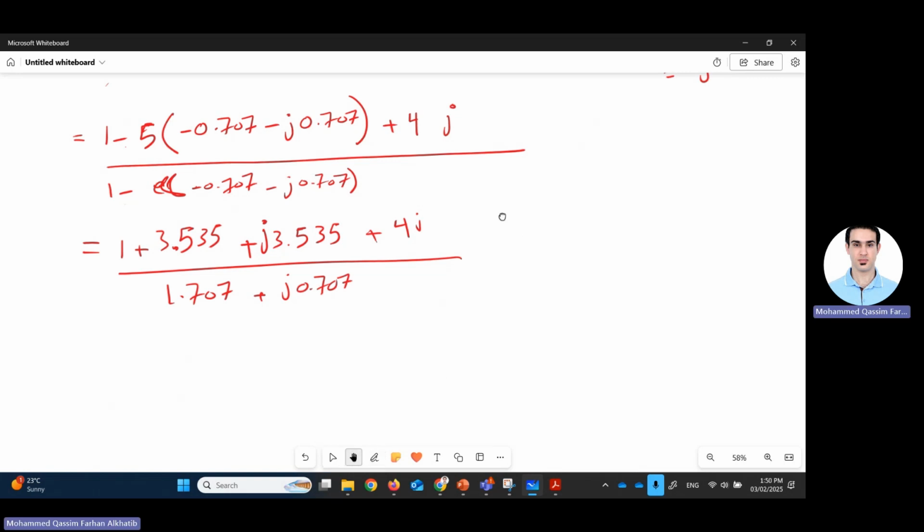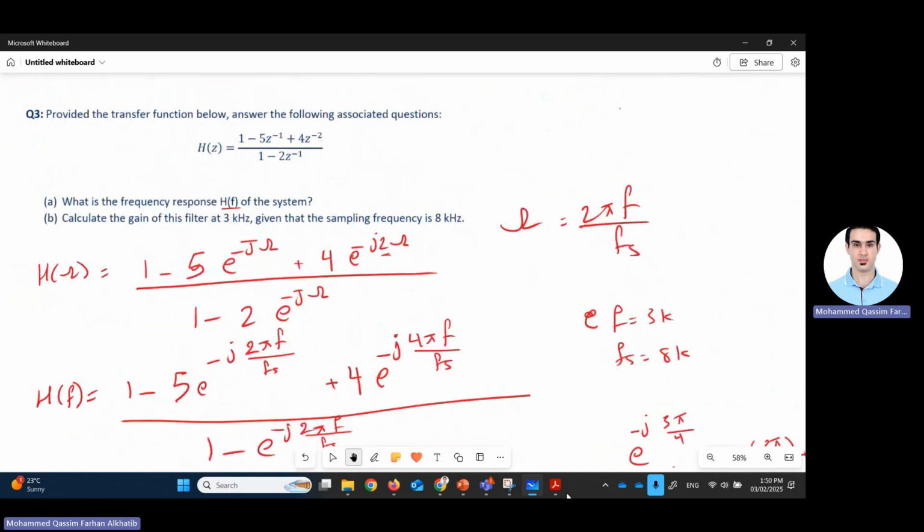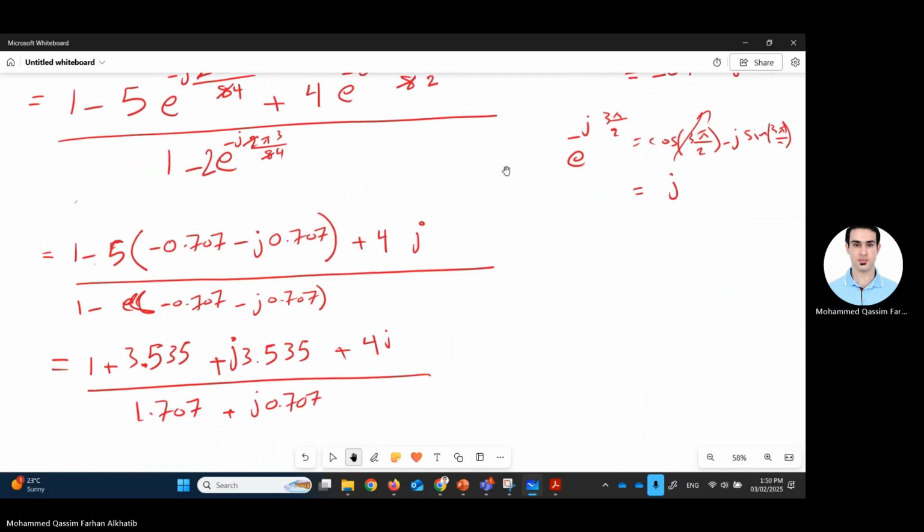Okay, so let's just look at the original function. There is a 2 that I did not add, so there is a 2 here. That's why it's always good to check. So there is a 2 there, and there is a 2 here.